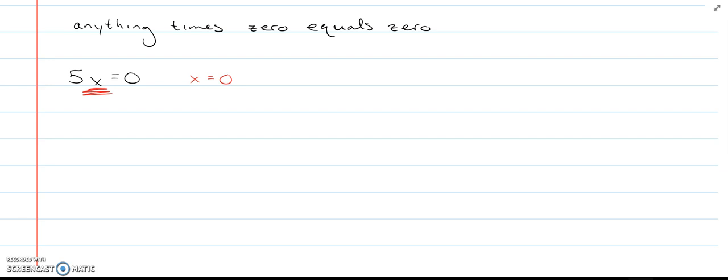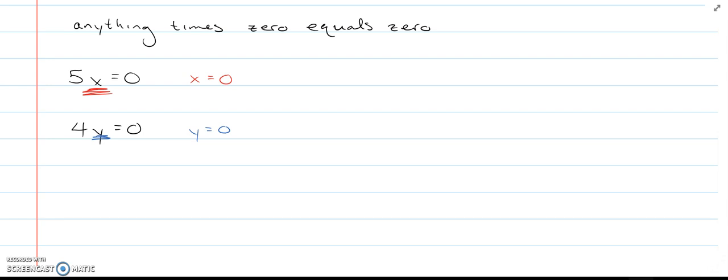You already knew that. It doesn't matter what I give you in this problem. I could say 4 times y equals 0. You know that y has to equal 0. Period. There's no other option. There's no other way for you to multiply something and get 0. It has to show up there.